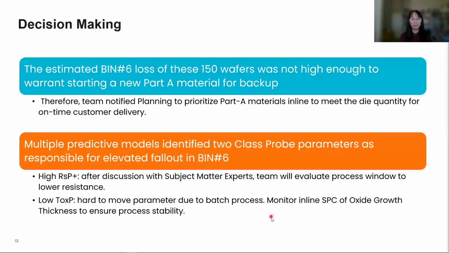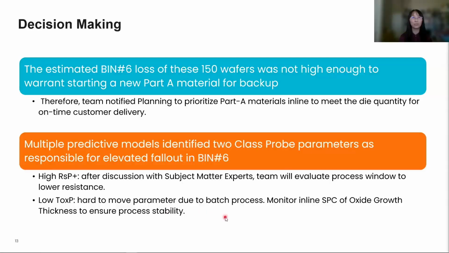And I also learned which two parameters are key and responsible for the bin 6 fallout. After talking to our subject matter expert, the team decided we can work on the resistance that is high. We can do a process windowing and see if we can lower the resistance and keep up the yield for the part A. And the other parameter, TX, is a batch process.